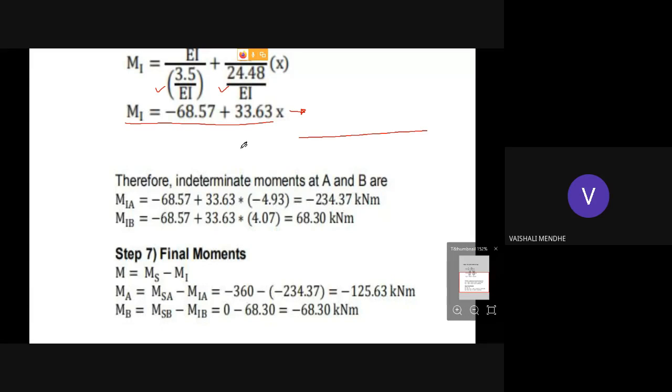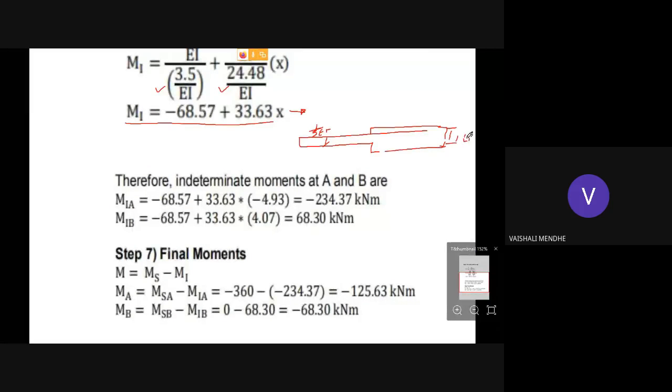The analogous column section is 1 by 3 EI and 1 by 2 EI. If you have drawn it in your copy, then it will be easy for you. So this is 1 by 3 EI and this is 1 by EI.